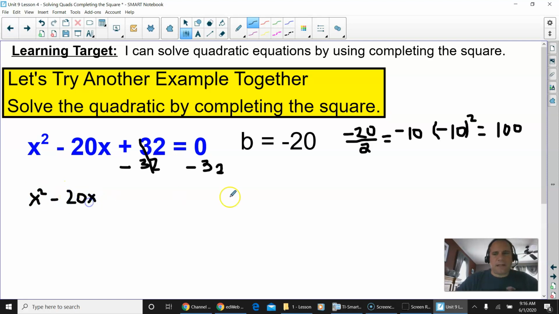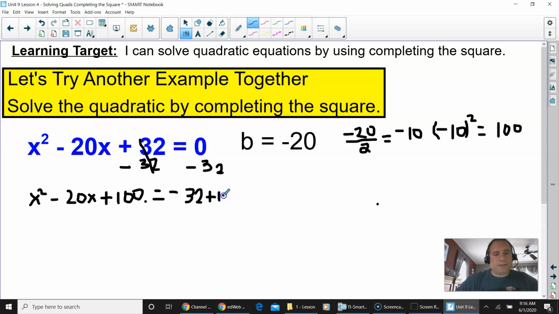And now that we have 100 here, my third step would be to add 100 on this side, on the left side, and then equals negative 32 I have, right, plus 100.